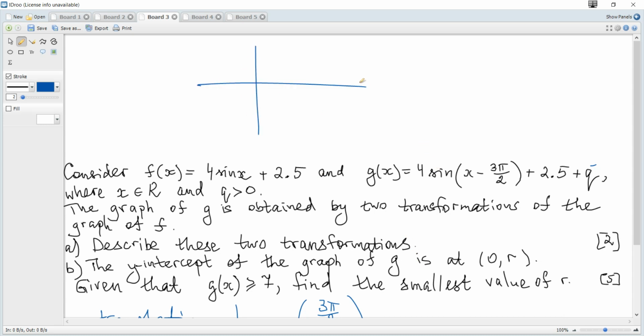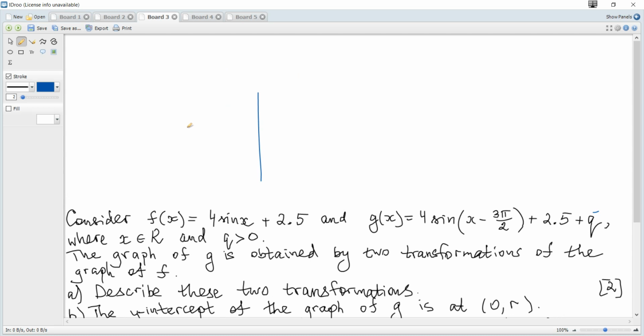Just sine looks like this, and the range of sine y values is between -1 and 1, and if there is 4 here, it's called amplitude. It means that y values become 4 times larger, and hence y values change between -4 and 4, and it's a vertical shift, and it means that each y value becomes 2.5 plus q greater, hence it looks like this.